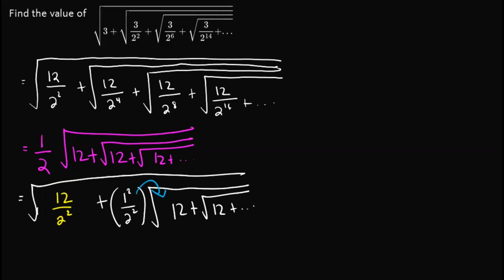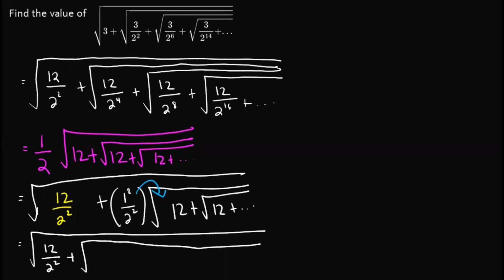So when we do that, this one will become 12 over 2 squared plus the square root of, when we square this one, 1 raised to 4 over 2 raised to 4 times 12 plus 1 raised to 4 over 2 raised to 4 square root of 12, and so on.